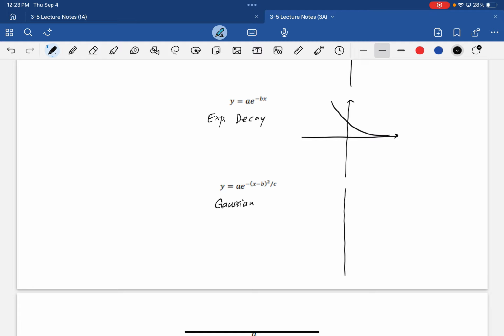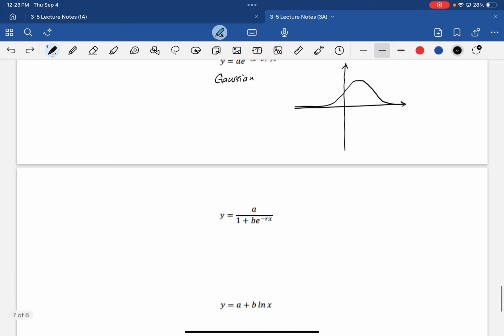And you have to draw it correctly. A bell curve. Okay? If you draw it here, it's wrong. Minus 1. If you draw it here, it's wrong. If it's shifted, it's fine. This is fine. Okay? That's the Gaussian.